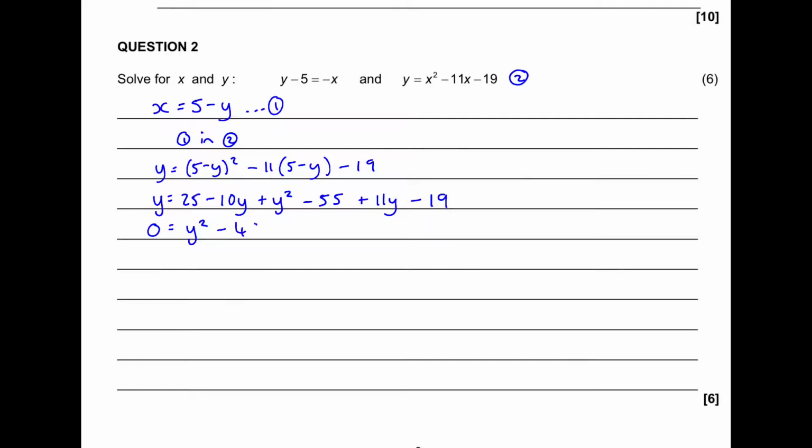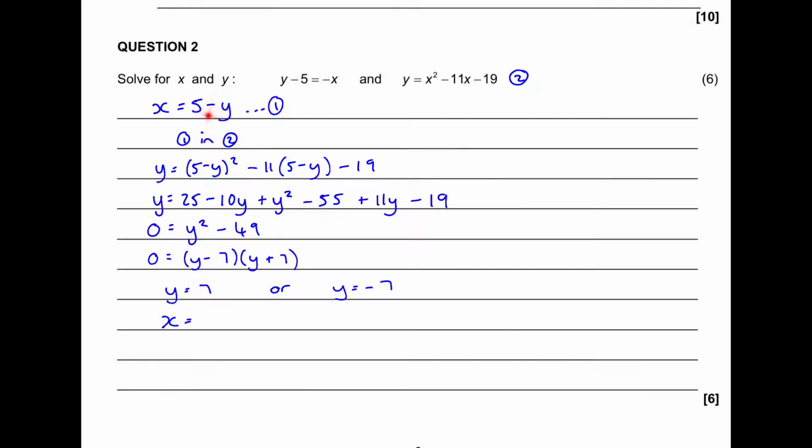So this works out quite nicely because it's a difference of two squares, and we can factorize accordingly. So (y minus 7)(y plus 7), then that means y is equal to 7, or y is equal to negative 7. Then you can find your corresponding x values by substituting into your first equation.